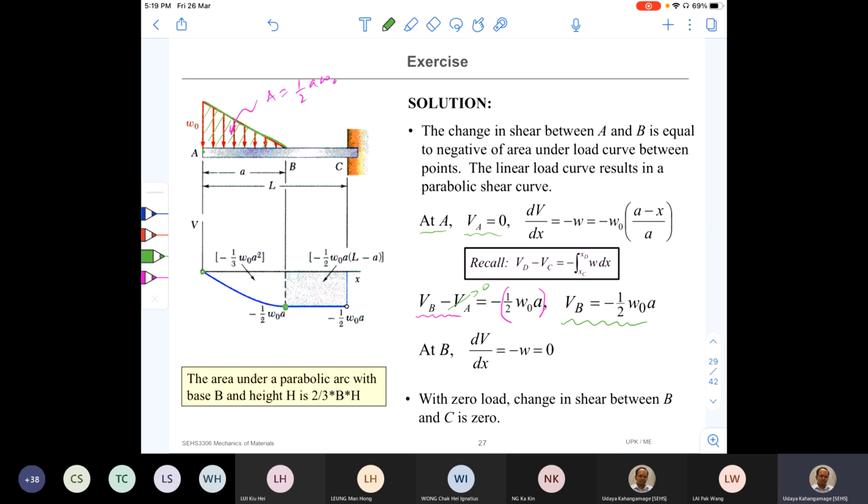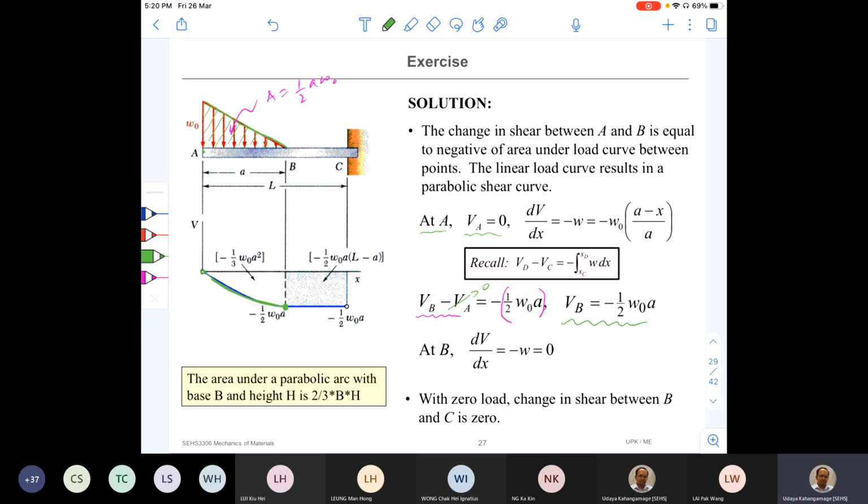So in between, the shear force variation, you should be able to find out by looking at the load variation. Load is going to vary linearly. Therefore, shear force variation should be 1 order higher than that. It's parabolic. Right? So we can simply connect the 2 points with the parabolic curve.